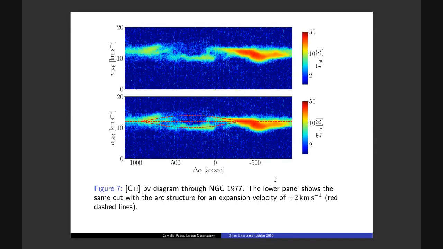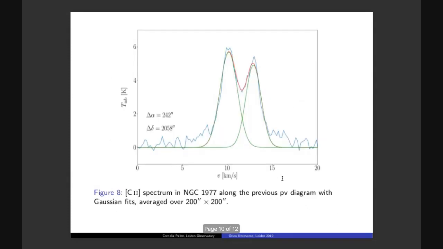It's consistent with an expansion velocity of 2 kilometers per second, which you can see better in this spectrum taken towards the center of NGC 1977, where you can clearly see two velocity peaks and maybe a background that comes from ionized gas towards the center. We think these expanding shells are basically neutral warm gas because the line widths are rather small.